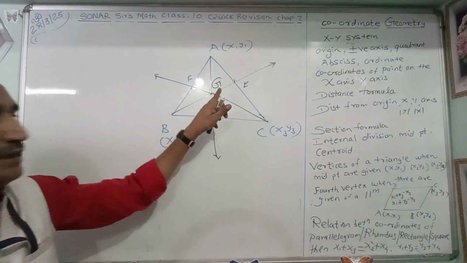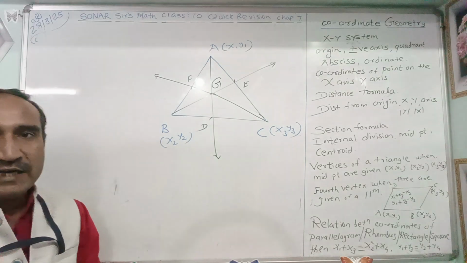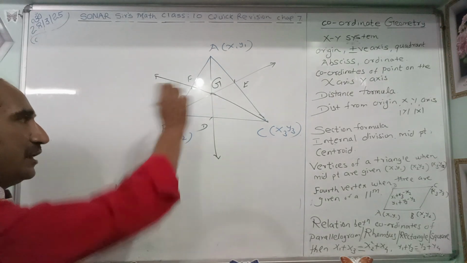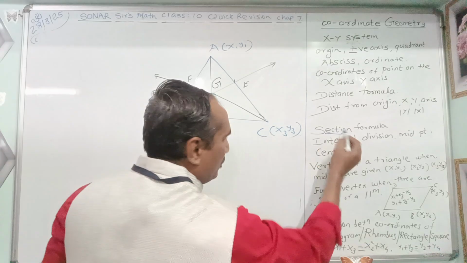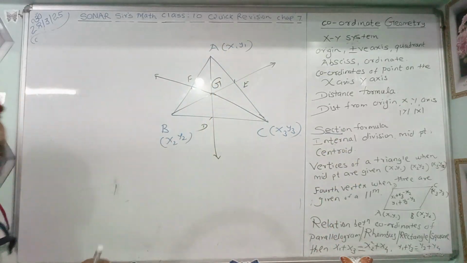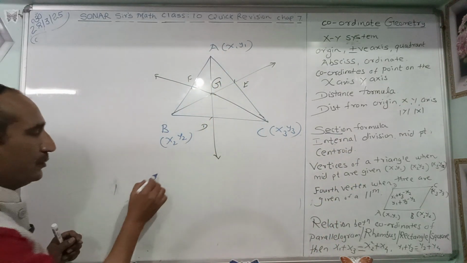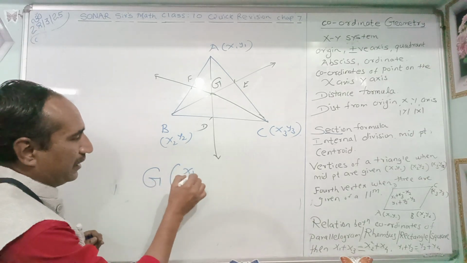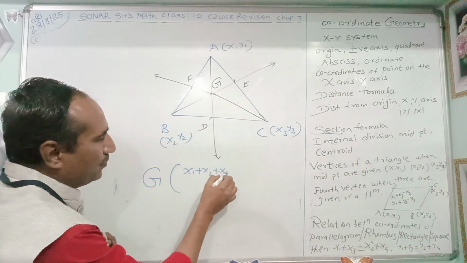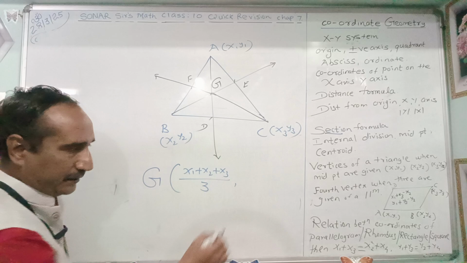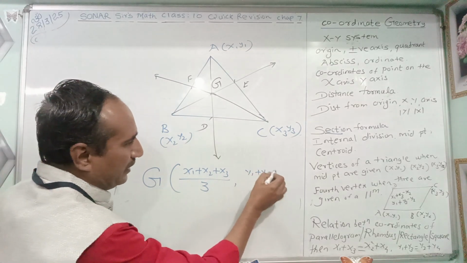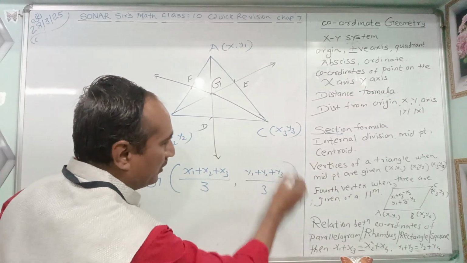The centroid is denoted by G, and the coordinates of the centroid, by the section formula when the coordinates of the three vertices are known, are given by (x1 plus x2 plus x3) upon 3 and (y1 plus y2 plus y3) upon 3.